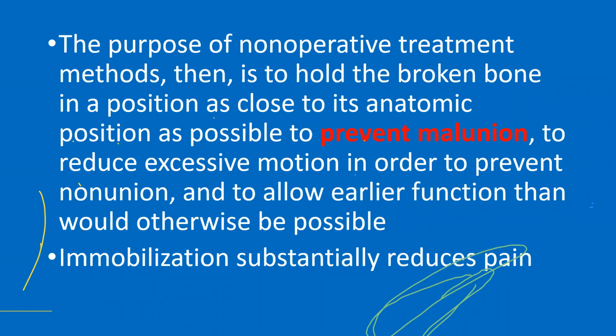Now, the purpose of non-operative treatment methods then is to hold the broken bone in a position as close to its anatomic position as possible to prevent malunion and to reduce excessive motion in order to prevent non-union and to allow early function than would otherwise be possible. Immobilization substantially reduces pain.